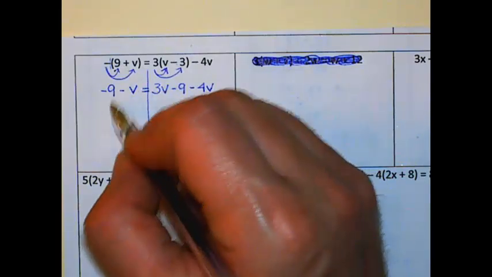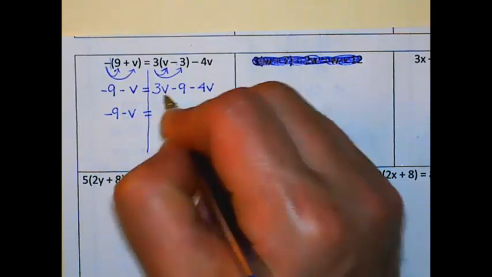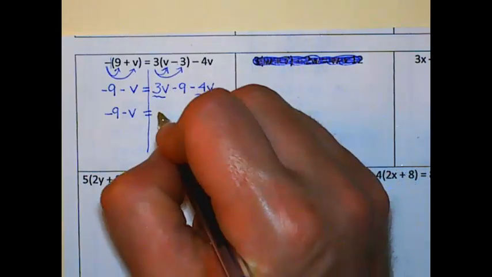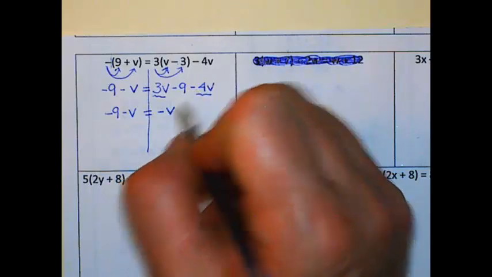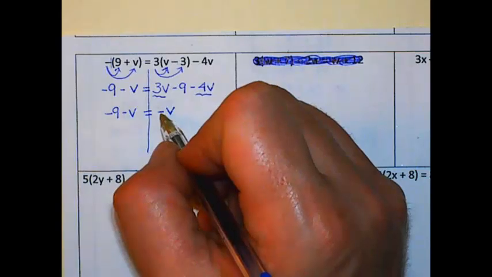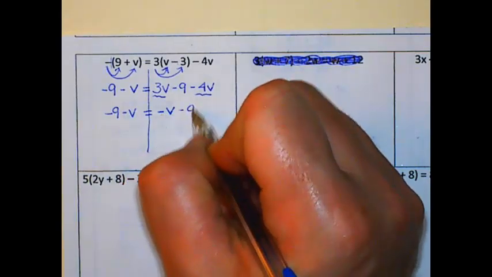So on this side, I cannot combine anything, so just bring everything down. But on this other side, I can combine the 3v with the negative 4v, so I get negative v. Because signs are different, I subtract. 4 minus 3 is 1, and I'll use the sign of the biggest, which is negative. And I'll bring down the negative 9.